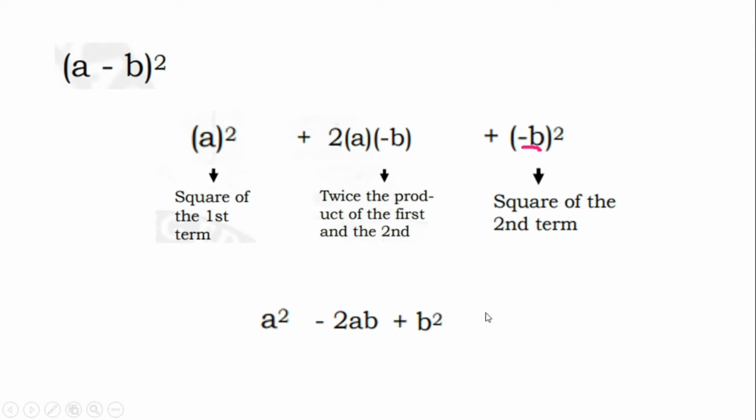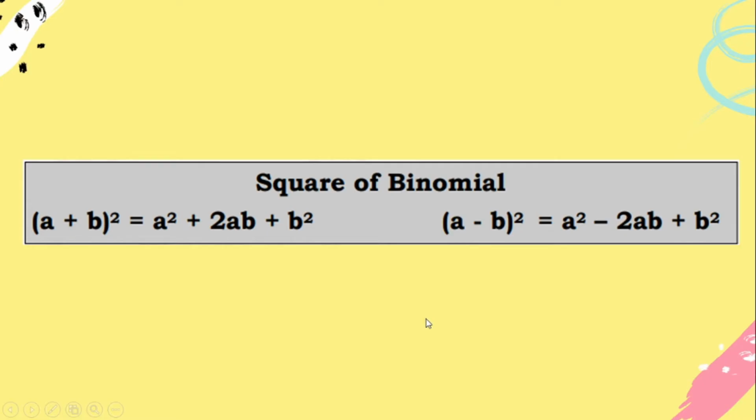So, we have a squared minus 2ab plus b squared. Ibig sabihin, kapag magmumultiply tayo ng binomial and the operation is subtraction, ang magiging pattern natin is first term squared minus twice the product of first and second plus b squared.